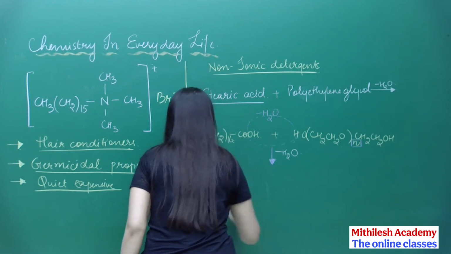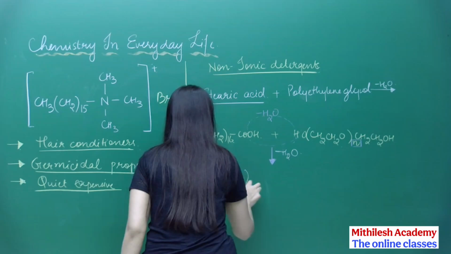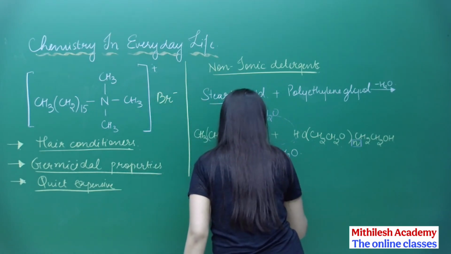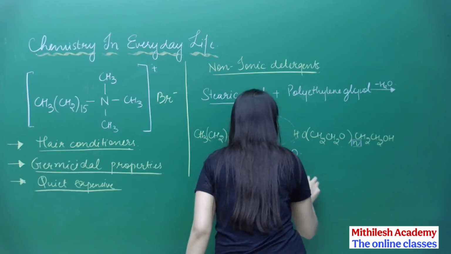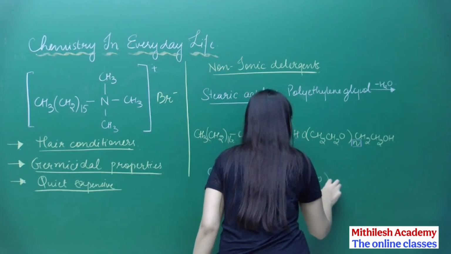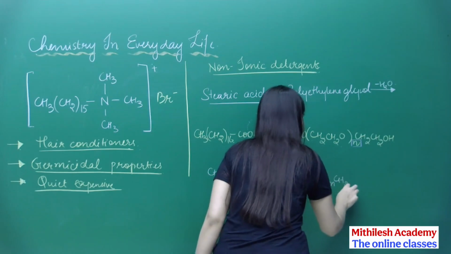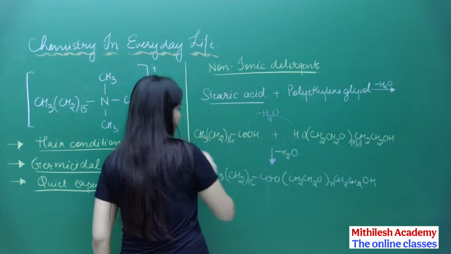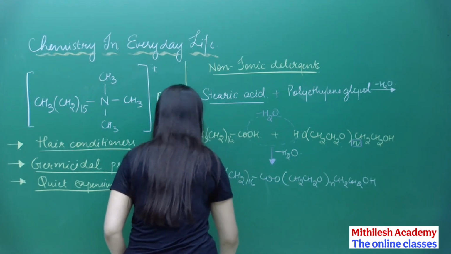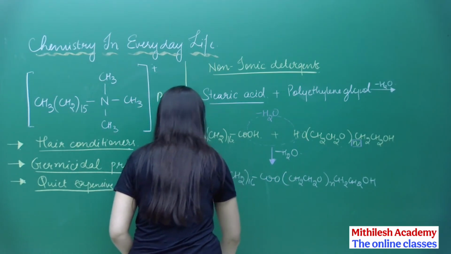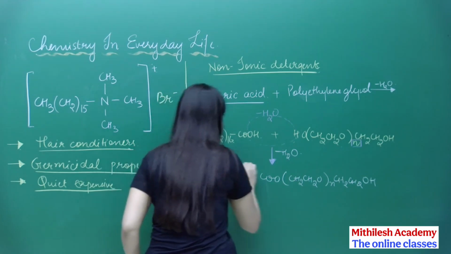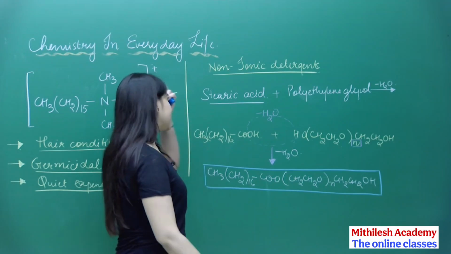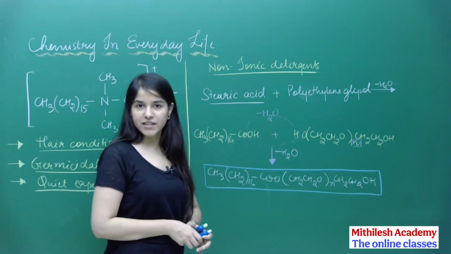Let me write that, CH3 here, 16, COO, along with the remaining groups over here. So it's a very simple reaction. You just need to remove the water molecule and connect the two given molecules, and that is what we are going to form here. Let me highlight it a bit. So that is what the non-ionic detergent is.